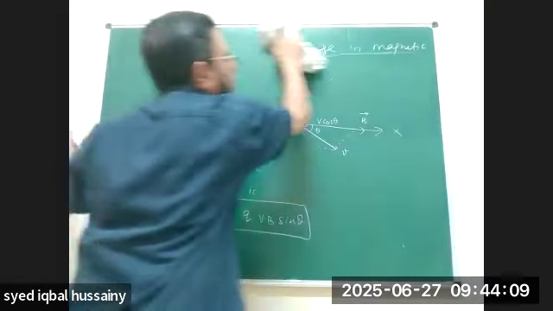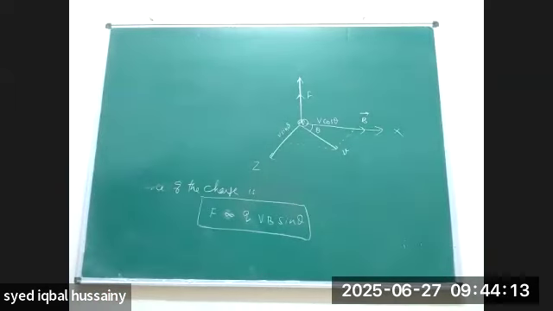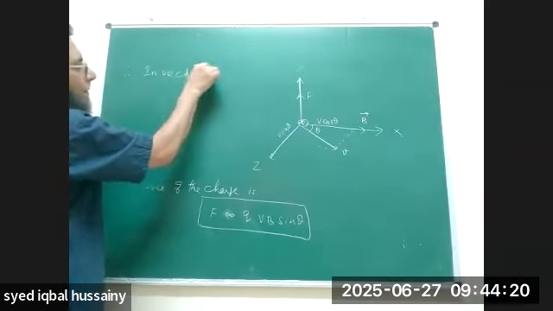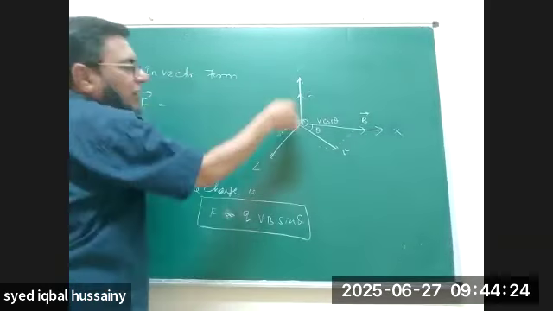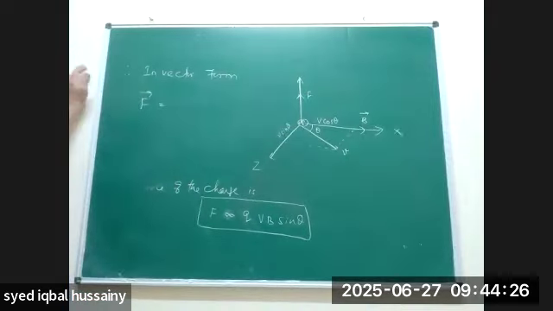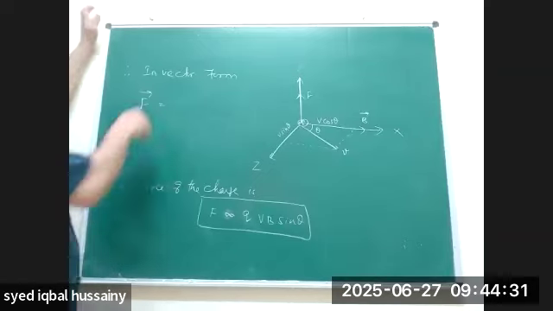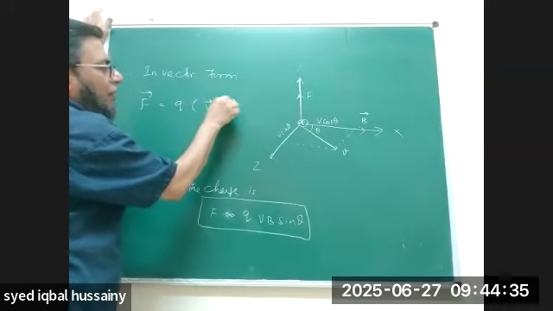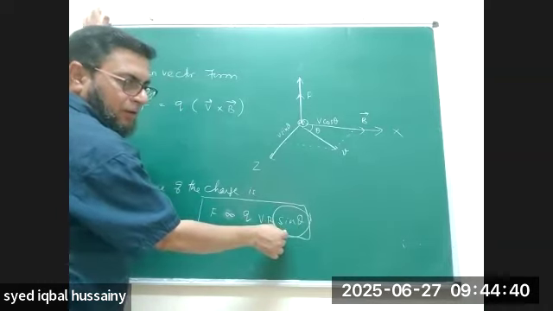We know that force is directly proportional to qvB sin theta. That's why the force on a charge in a magnetic field will be equal to q v cross B, because if sin theta, what should we use?